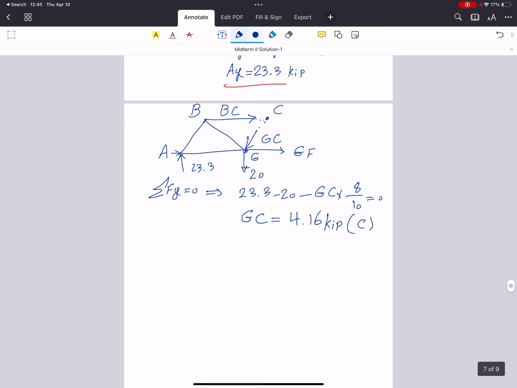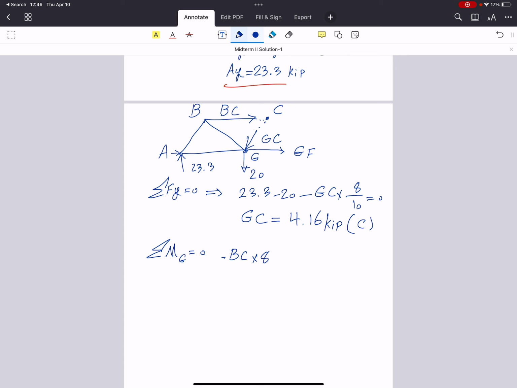Then we can go for BC. Now for BC, I can use summation of moment at point G equals 0. Then BC times 8 negative.